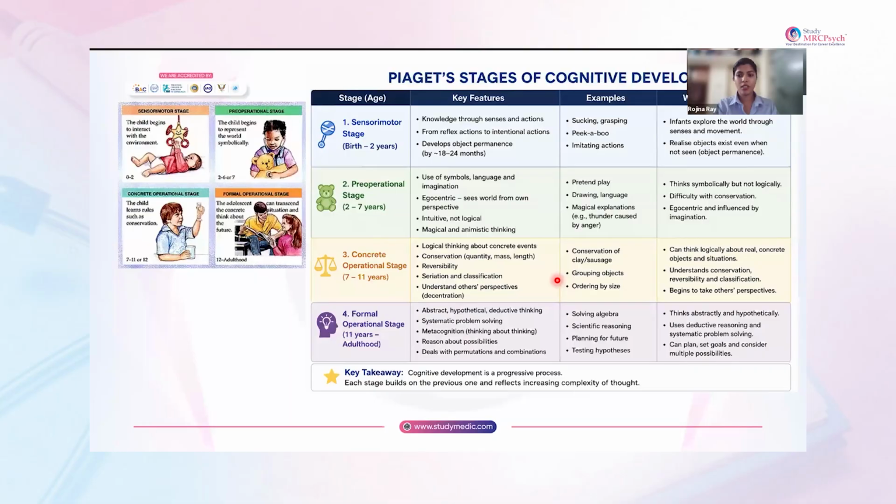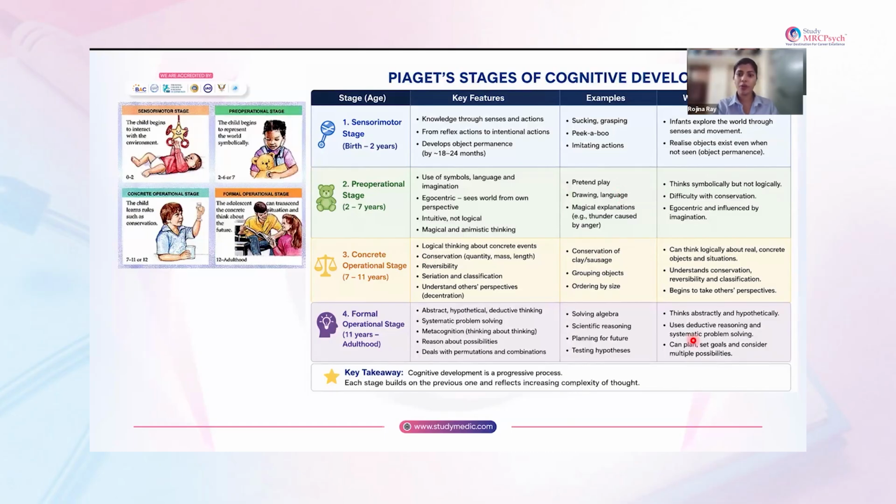I have to highlight that egocentricity is a part of the pre-operational stage, and it is classically demonstrated by the experiment called the 3-mountain task. If you have not heard of this, please have a read about what the 3-mountain task is.